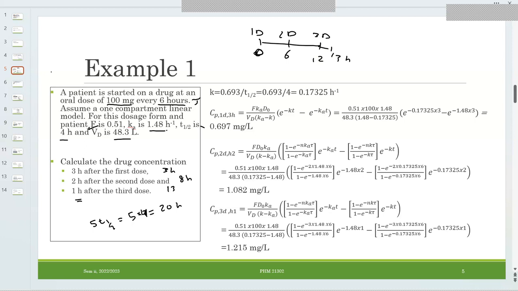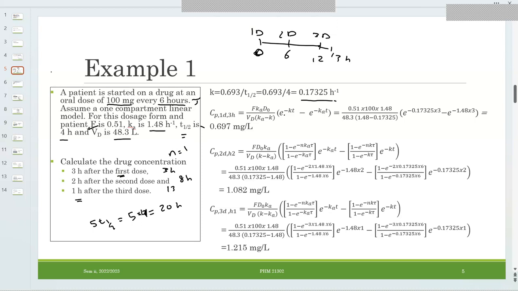This one is Ka, the absorption rate constant. K is not given, so we calculate K from the T half. K equals 0.693 divided by T half, equal to 0.17325. The rest will be just a substitution. The most important thing is to know how to substitute. Here we say after the first dose means N equals 1.